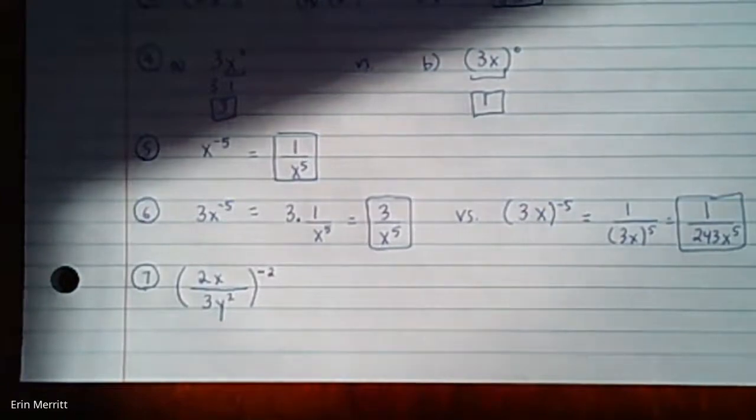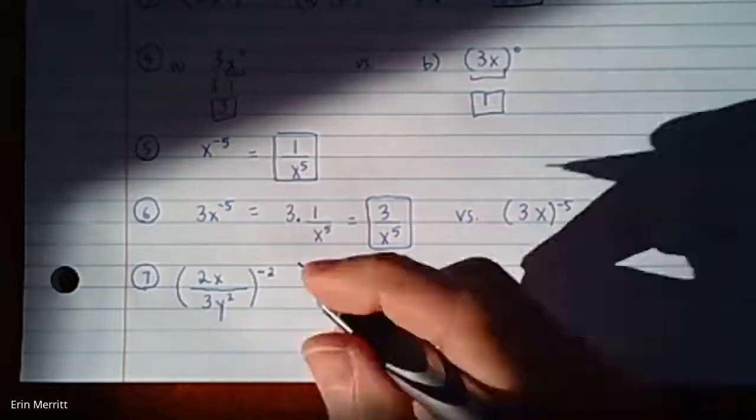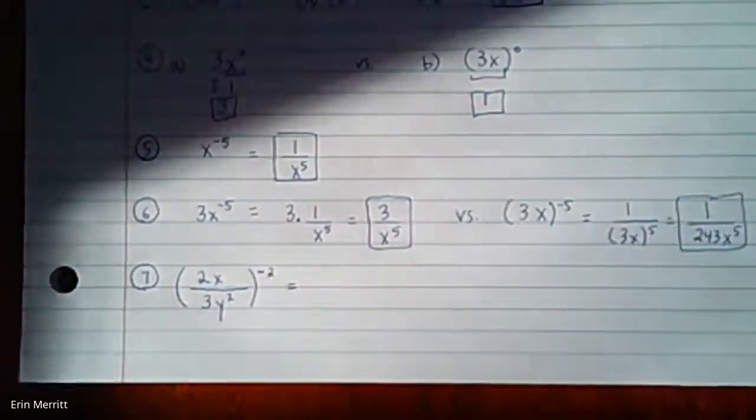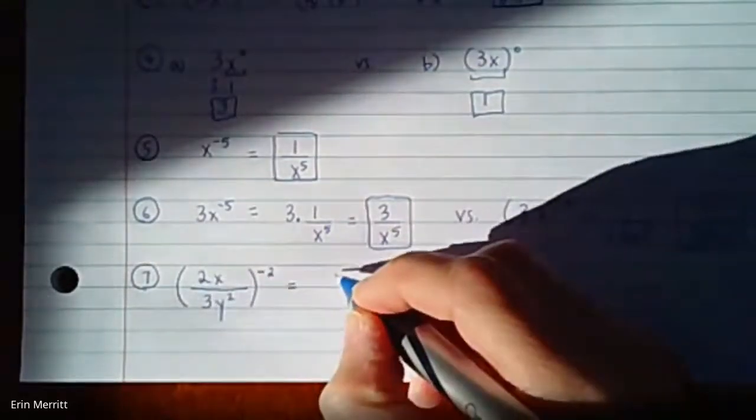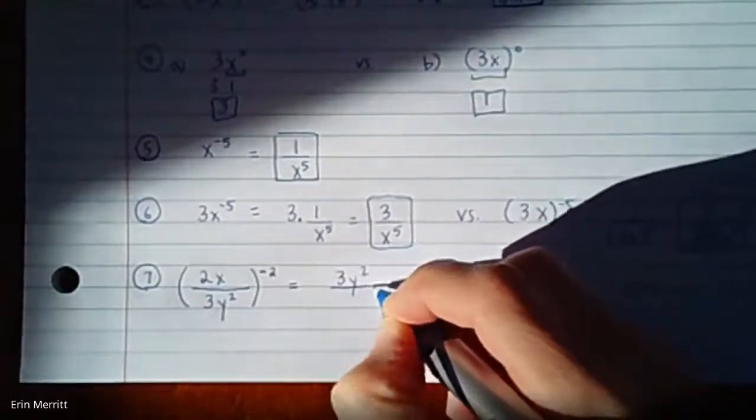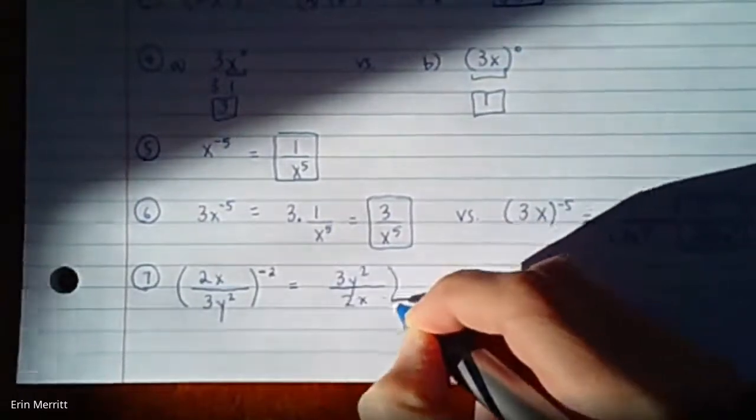All right. Everything is being raised to that negative exponent. First rule I would probably want to apply here then is flip it on over. So it's already a fraction. Everything in the denominator comes up top. Everything in the numerator drops to the bottom.